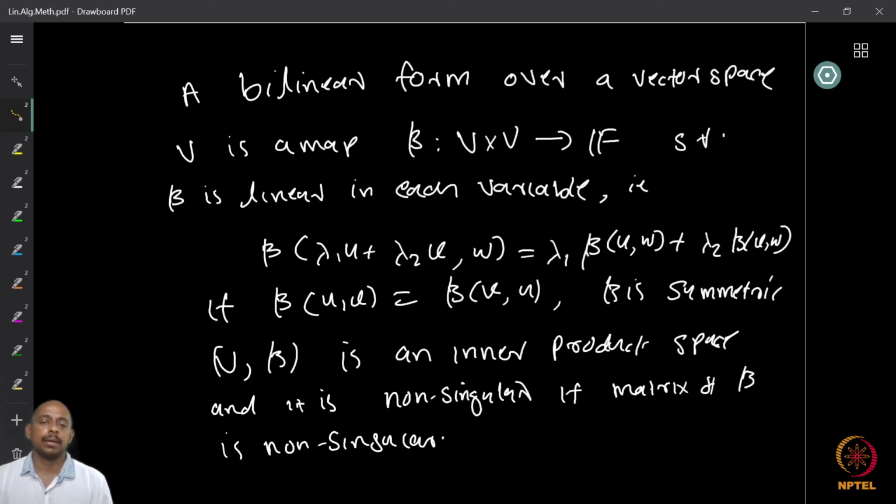Equipped with the inner product, we call the vector space an inner product space. And we say that the inner product space is non-singular if the matrix associated with beta, which is basically a linear transform, is non-singular.